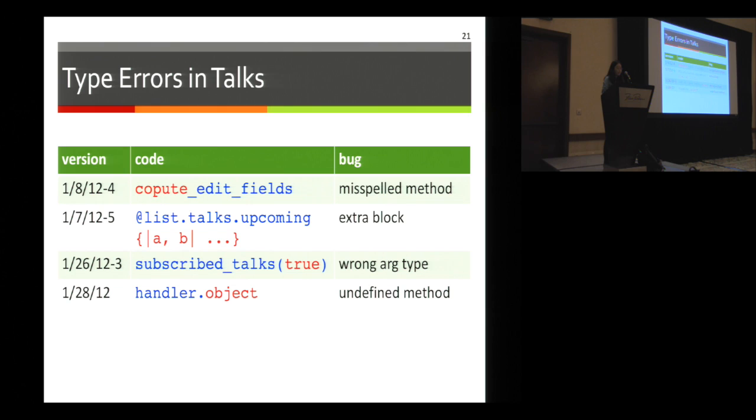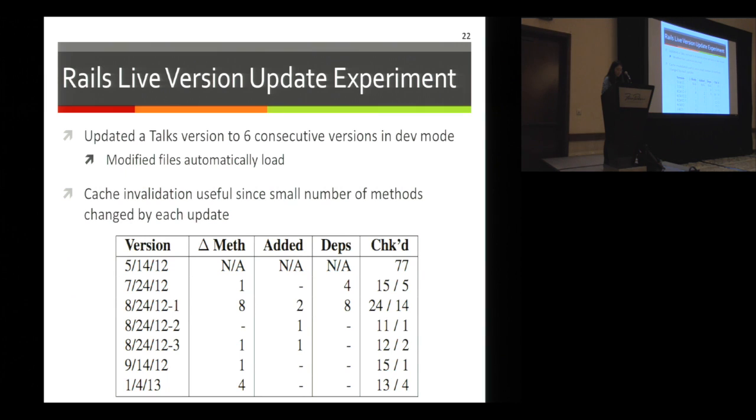So using pure static analysis or pure dynamic analysis, we would not have been able to catch the second bug. And the third bug is a call to a method that was expecting a symbol as its argument. And the last is a method called on an object that does not have that method defined.